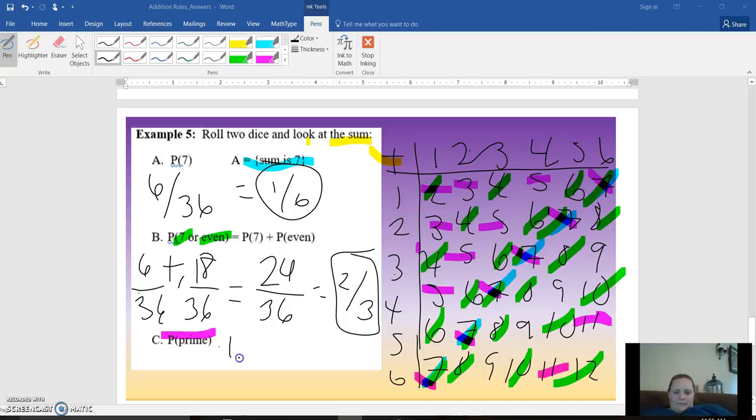I have 15 out of 36. And that reduces to 5 12ths.